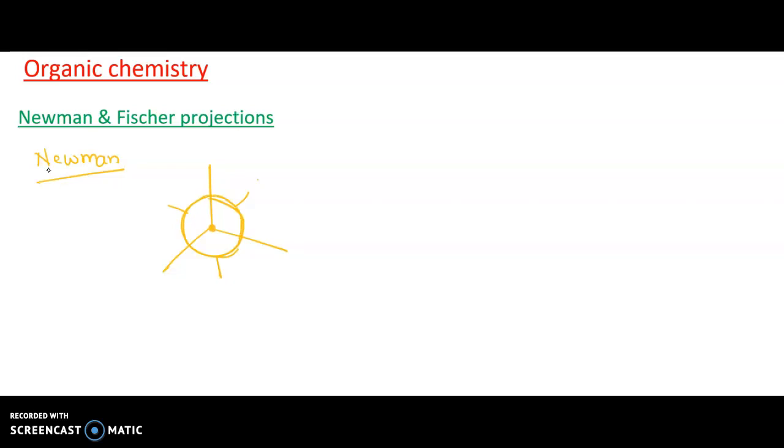So there are two carbon atoms, and we have to view along the axis of the carbon-carbon bond.